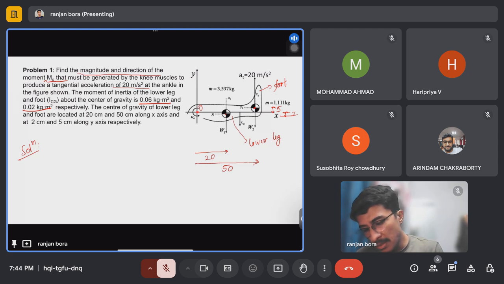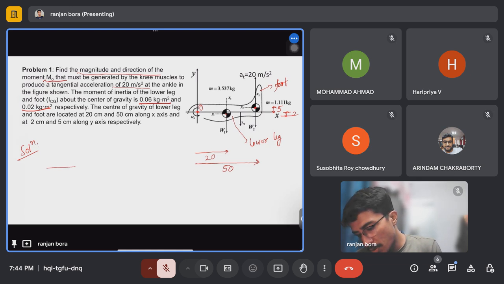And again, this is point O, and this is the center of gravity of lower leg, CG of leg. And what is this distance? This is 20 and this is 2.